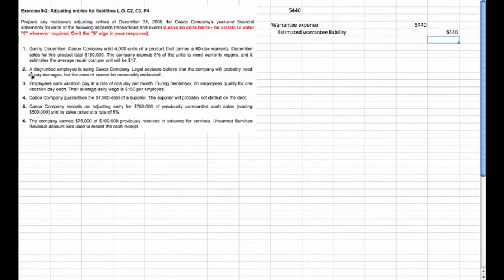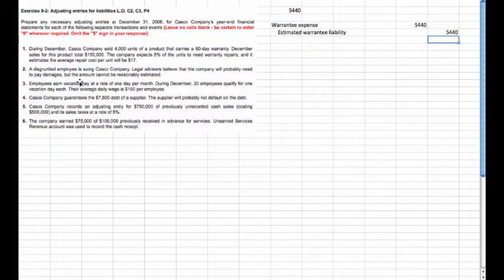The second question says, a disgruntled employee is suing Costco Company. Legal advisors believe that the company will probably need to pay damages, but the amount cannot be reasonably estimated. Now, as you may recall, as you read the chapters and listened to the lecture, if we take the matrix that we looked at, where we knew the dollar amount or didn't know the dollar amount, and whether it is probable, possible, or remote.